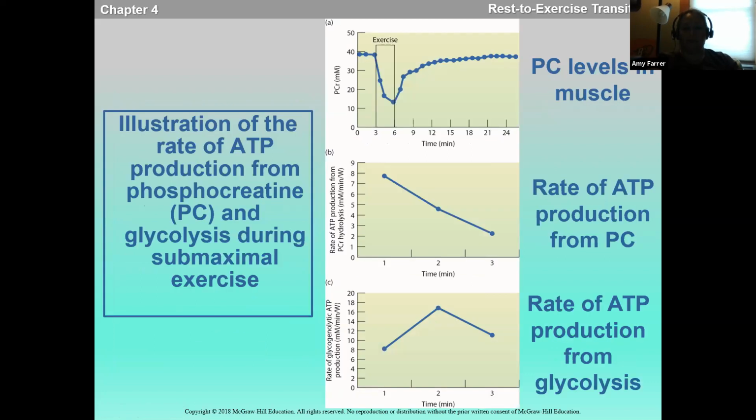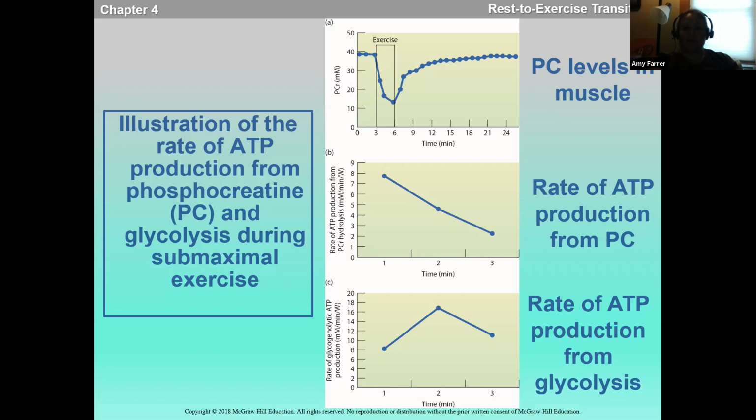So when we look at this initial exercise time, our PC levels will drop down, because remember, we're going to use them in that anaerobic state, okay? So initially a lot of that ATP production is coming from the PC system, but it's going to fall off dramatically and very quickly, okay?